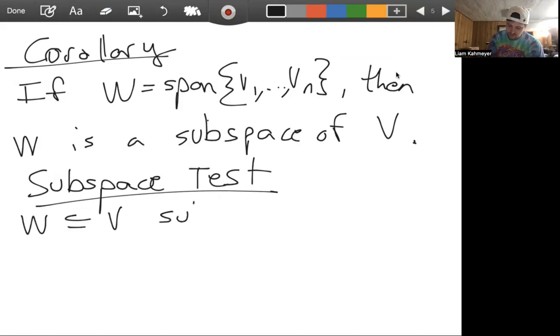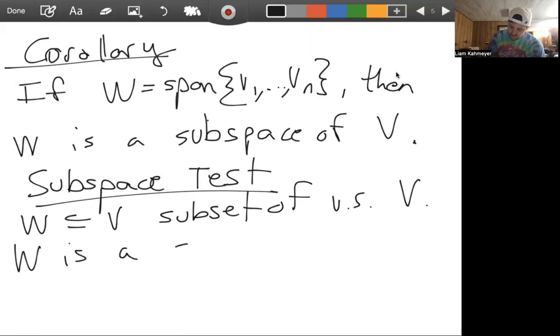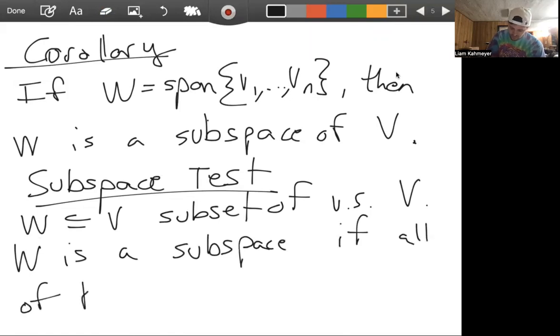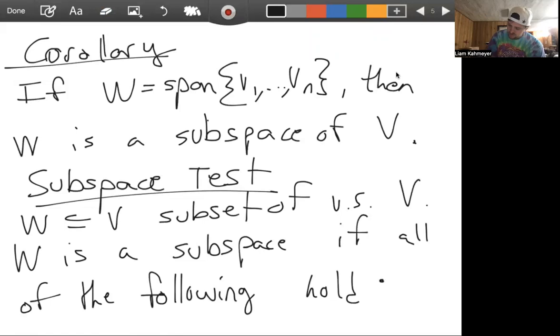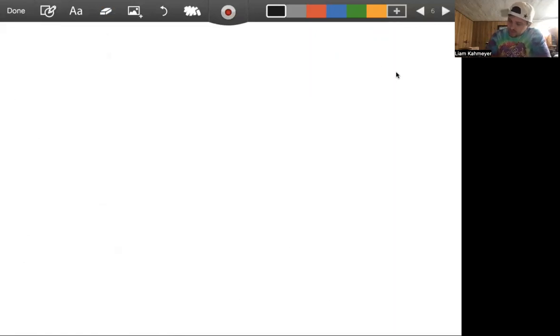So this is a subset of vector space V. Then W is a subspace if all of the following hold. So there are three properties, and if all of them hold, then we can conclude that W is a subspace.